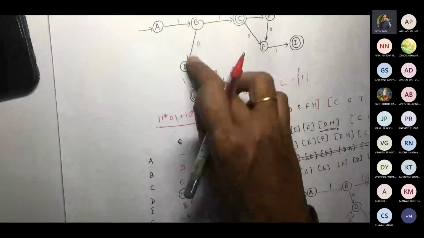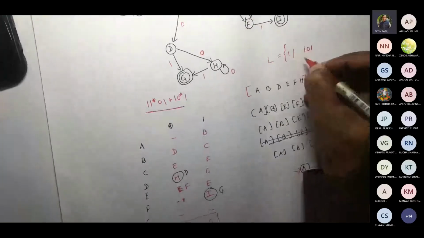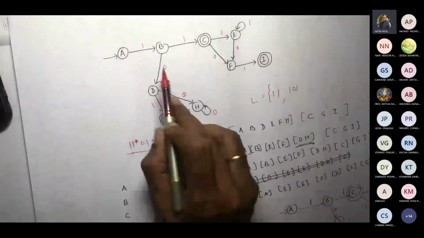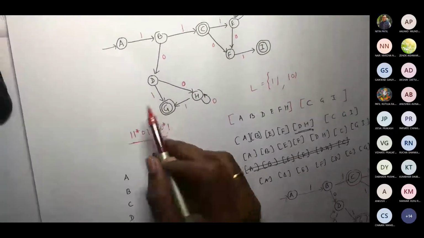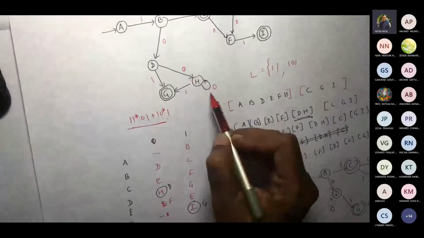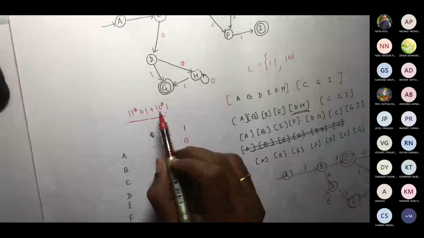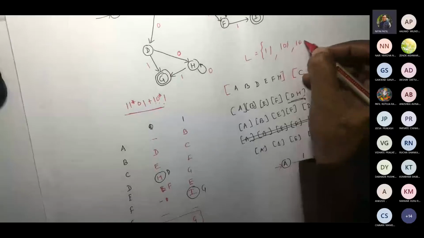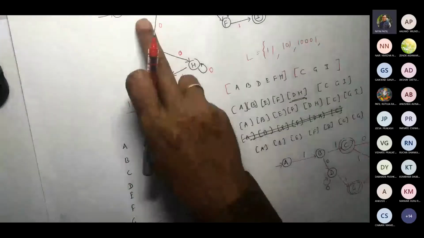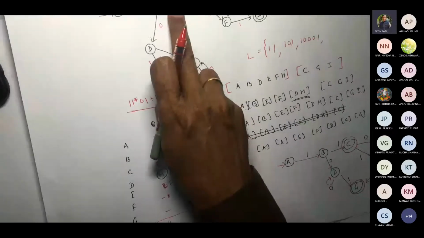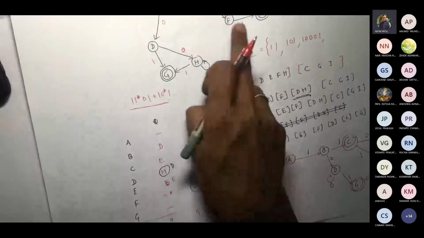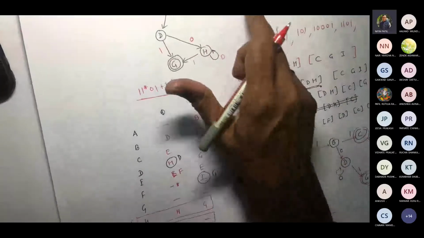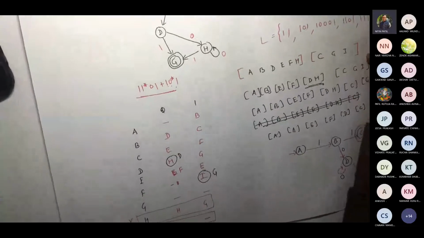Similarly, 1 0 1 1 0 1, then 1 0 1, then 1 0 0 0 1, then 1 1 0 1 1 1 0 1, then 1 1 1 1 0 1 1 1 1 1 0 1.